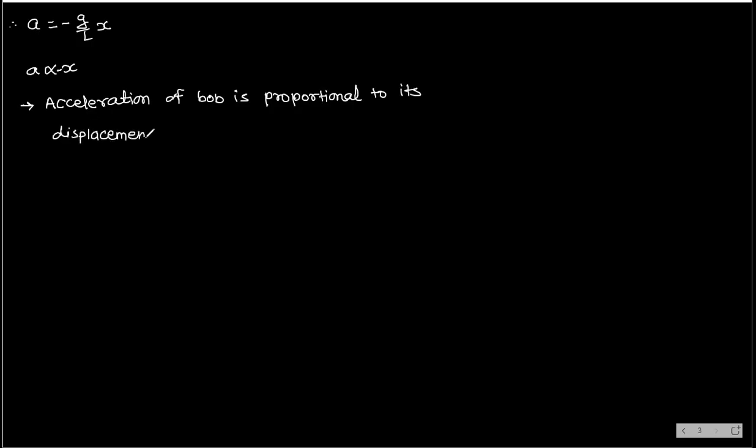This line is very important. Acceleration of bob is proportional to its displacement x and is directed opposite to it.